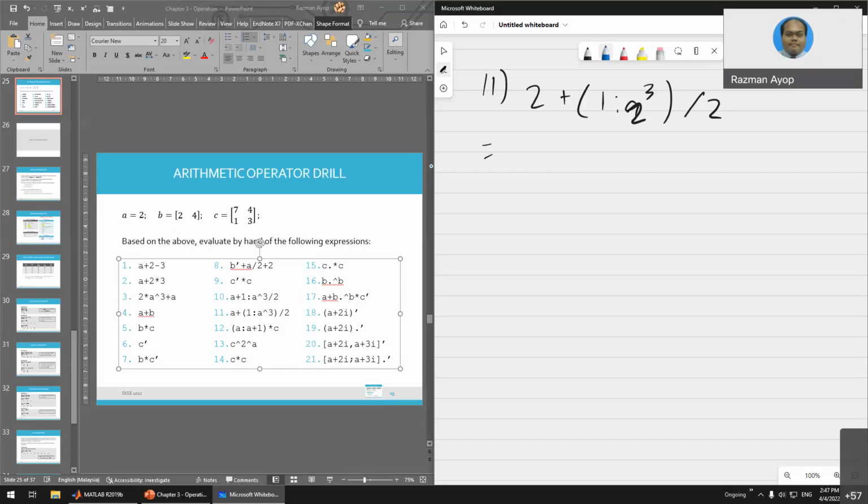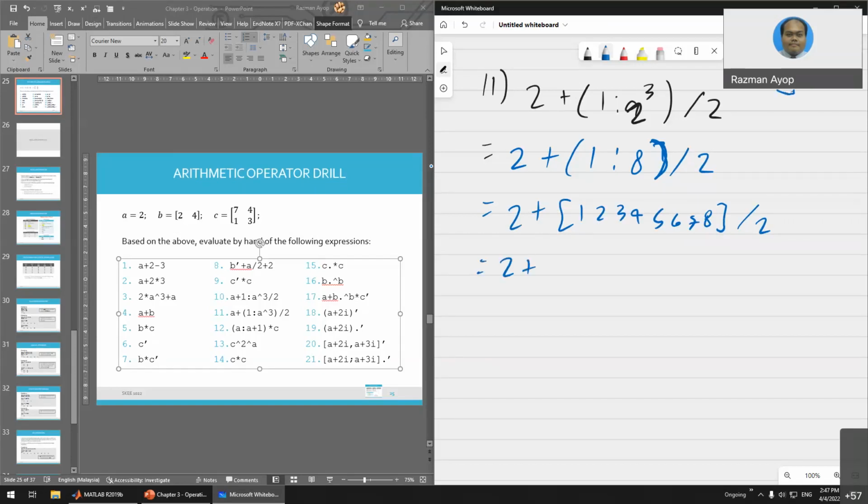In the bracket you have colon and power of, so solve power of first. So 2 plus 1 dot 2 over 3 is 8, divided by 2. After you solve the bracket, you have to solve the division and multiplication.